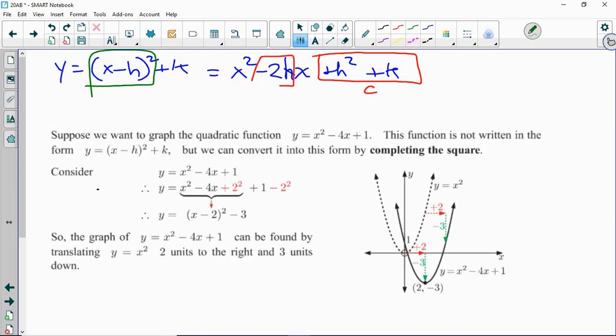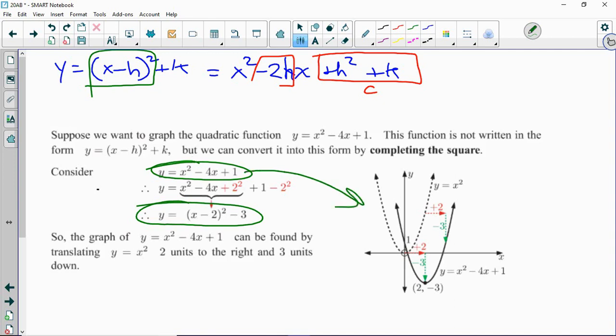The only other way that I could think of to get from this standard form to this vertex form would be to graph the function from standard form, which means either using a table of values, which hopefully works out. In this case, it would, because our vertex ends up being on an integer value of x, so when x is 2. Or using some techniques that we'll learn later in this chapter.